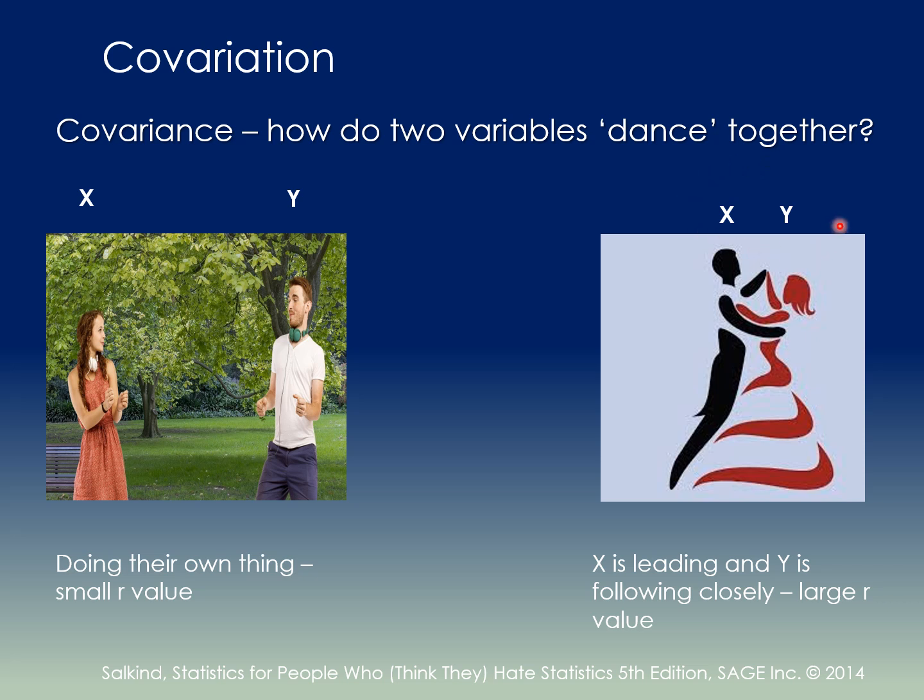So for dancing, that might be best described as a direct relationship. You've got some aspect of leading and some aspect of following. The more X moves, the more Y is also going to follow. We would say that both X and Y are strongly covarying with one another, and in that case we would see a larger R value between the two, maybe an R value closer to 0.8, for example.